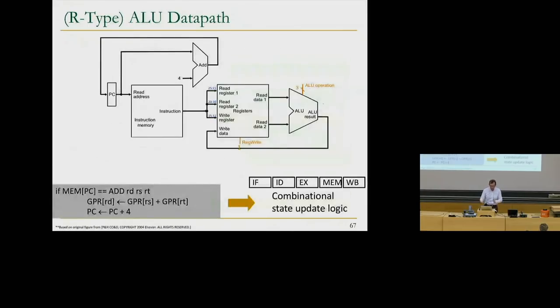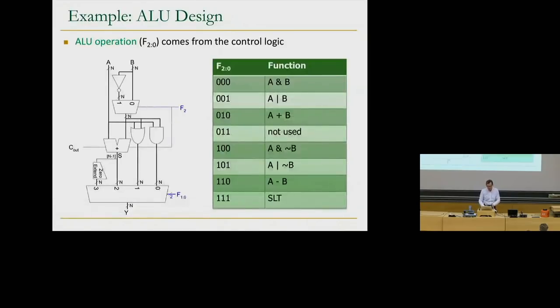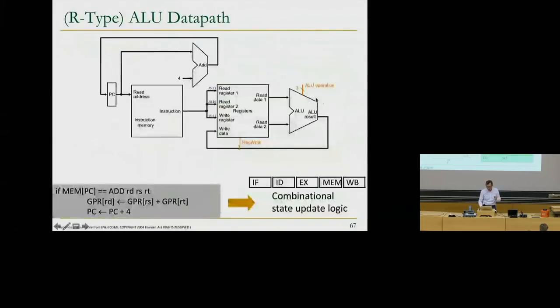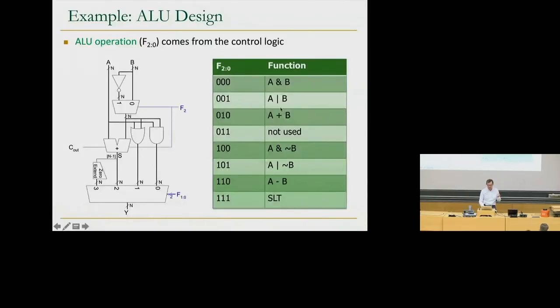Okay, so now we've implemented add, but we could implement other things. Any R-type MIPS operation that goes through the ALU is implemented this way, because you read 2 registers and you write 1 destination. The only difference is what the ALU operation is. For example, if you're doing an OR, the ALU operation function is 0, 0, 1.